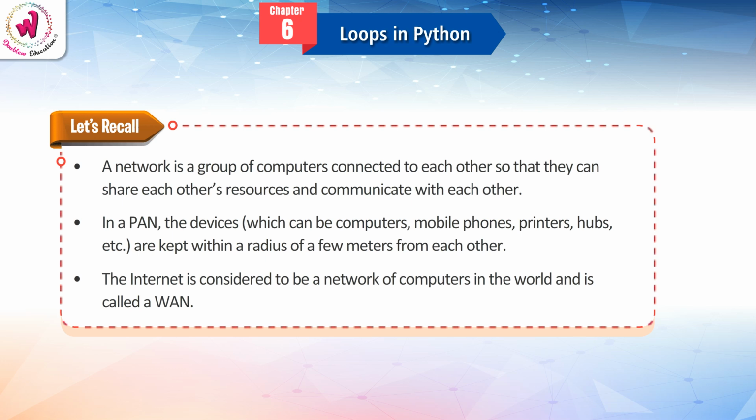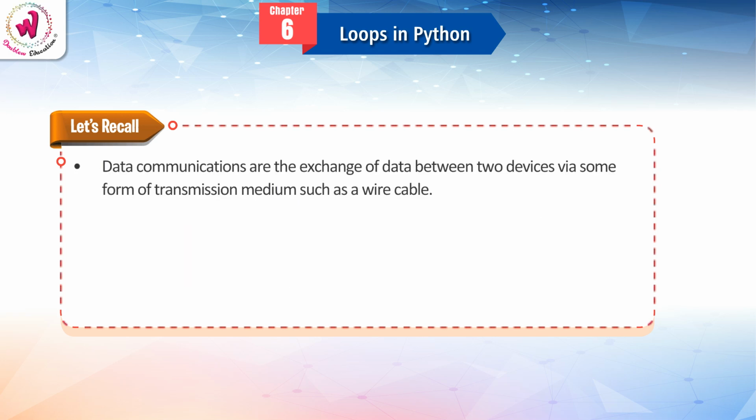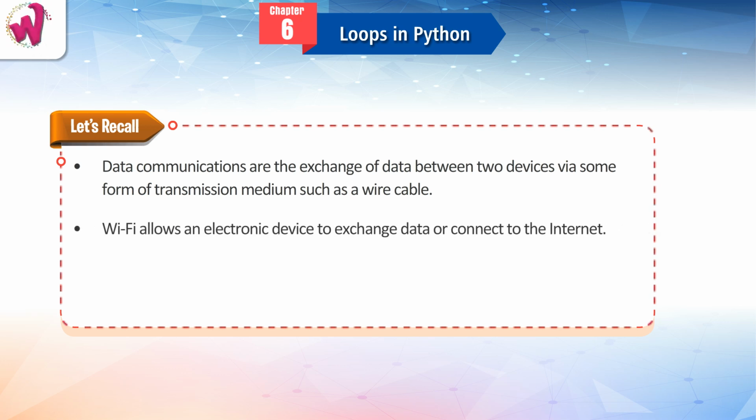The Internet is considered to be a network of computers in the world and is called a WAN. Data communication is the exchange of data between two devices via some form of transmission medium such as a wire cable. Wi-Fi allows an electronic device to exchange data or connect to the Internet.